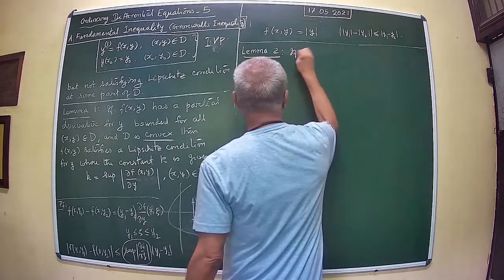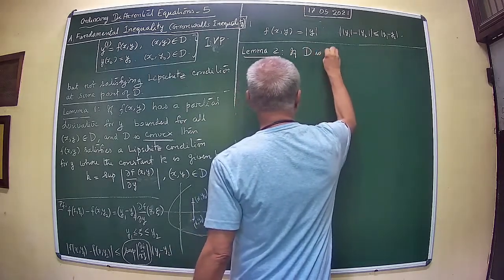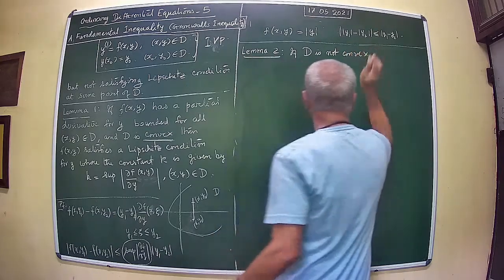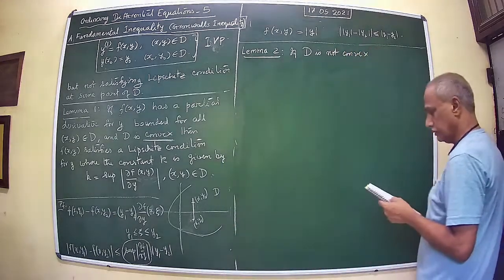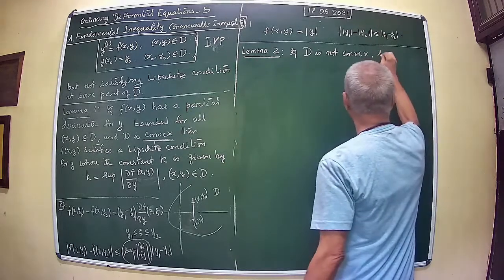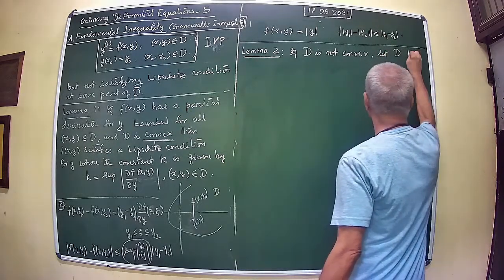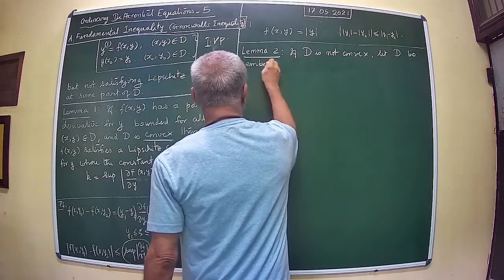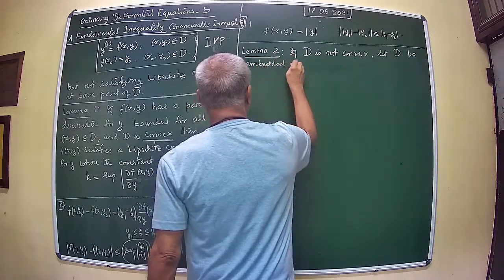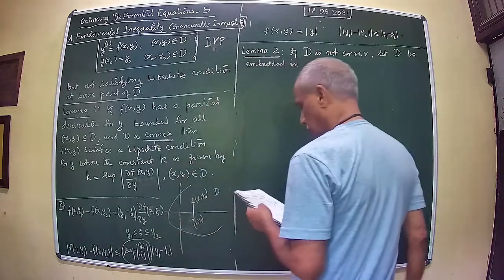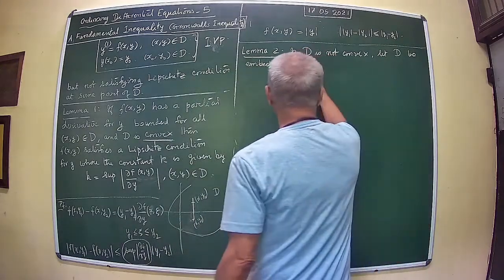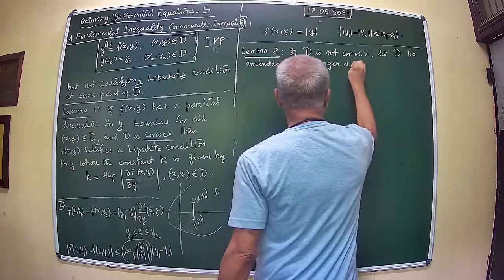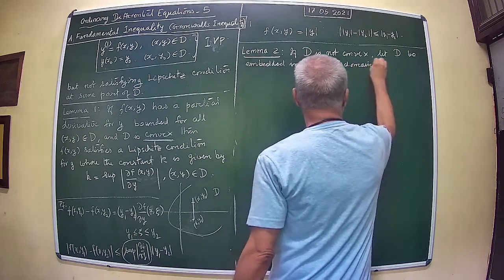If D is not convex, suppose D is not convex, let D be embedded in a larger domain D prime.